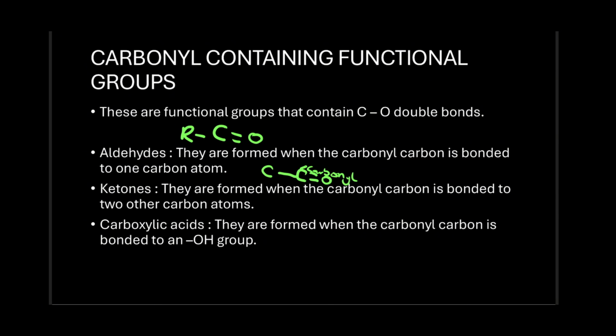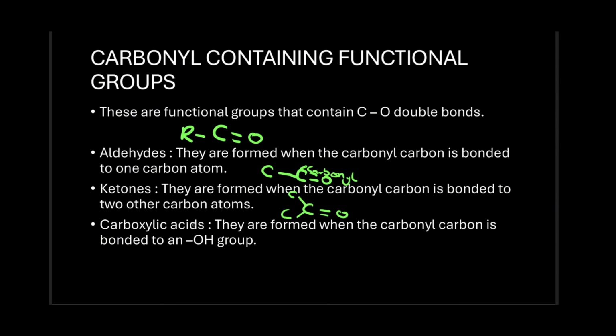Let's move on to the next one, ketones. We say the ketones are formed when the carbonyl carbon is bonded to two other carbon atoms. So our carbonyl carbon being bonded to two other carbon atoms. So this gives us a ketone.